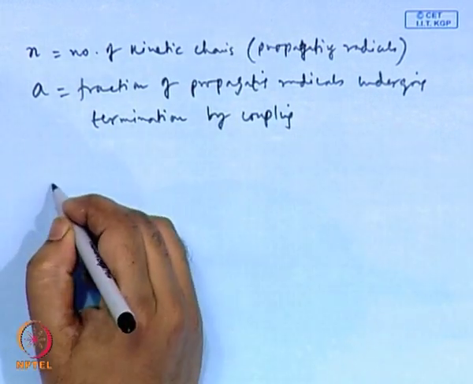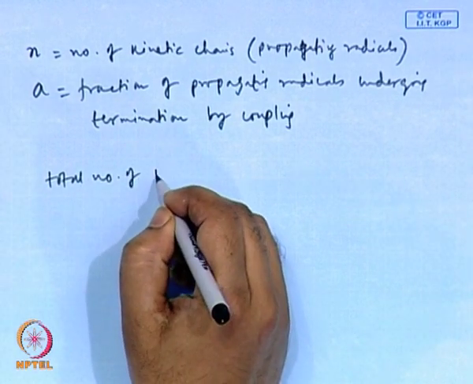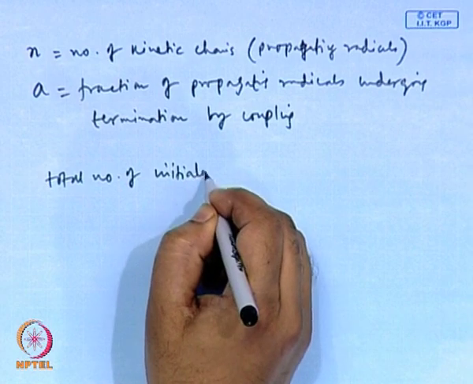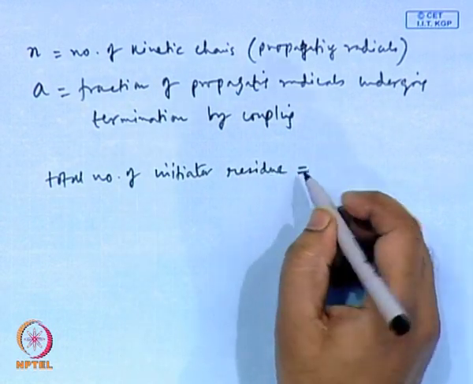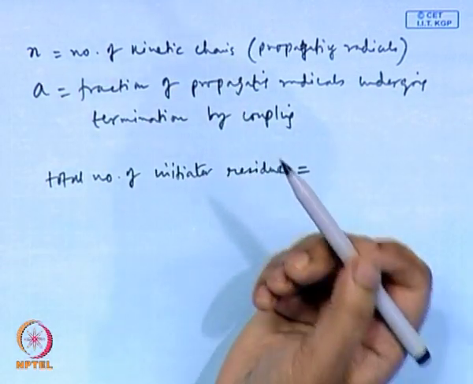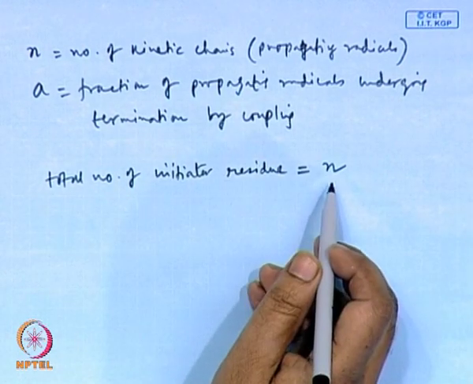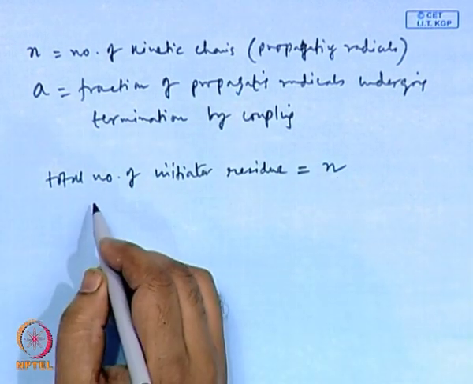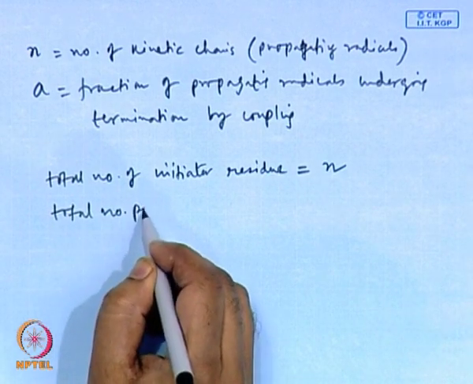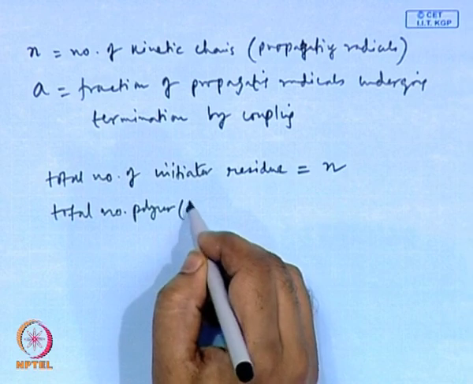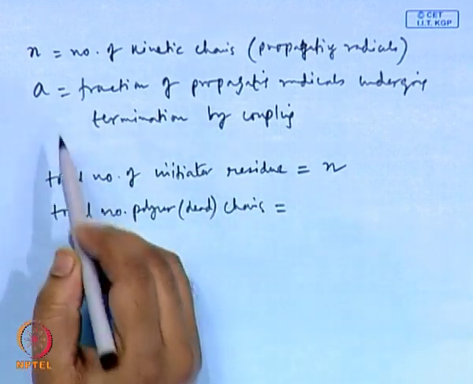Okay. So, the total number of initiator residues in the polymer sample: N is the number of kinetic chains, so each kinetic chain will have 1 initiator residue. So, the total number of initiator residues in the sample is N, and the total number of polymer chains, polymer meaning dead chains, is as follows.